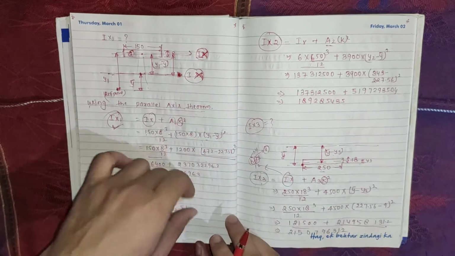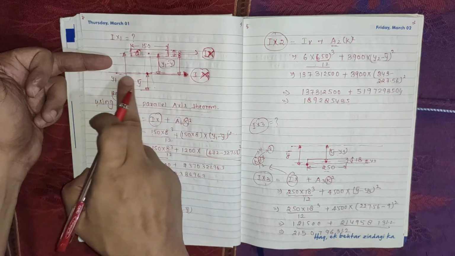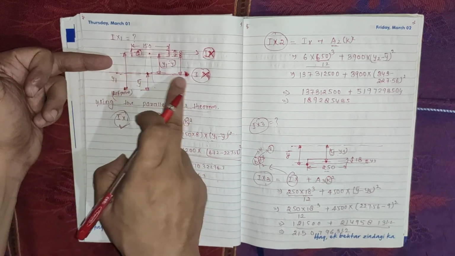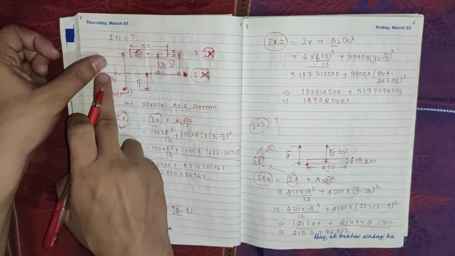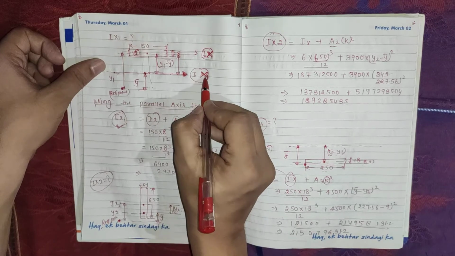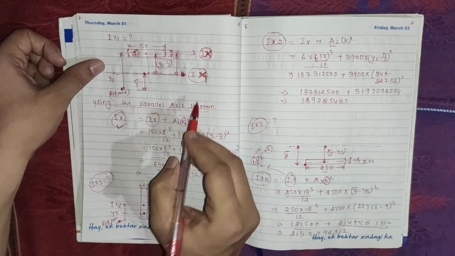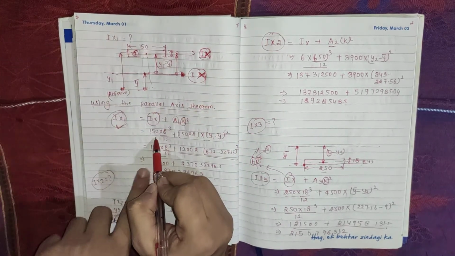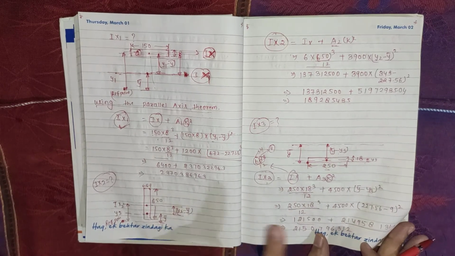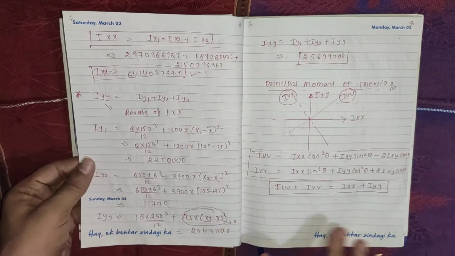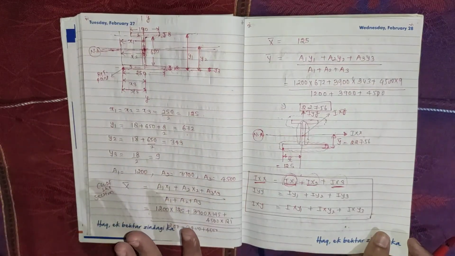Is it clear? Because you have to calculate the moment of inertia of this portion about this center axis. So this becomes Ix1, this becomes Ix. Clear? So Ix of this section is this. Similarly in this case. Is it clear? All things clear? Okay.